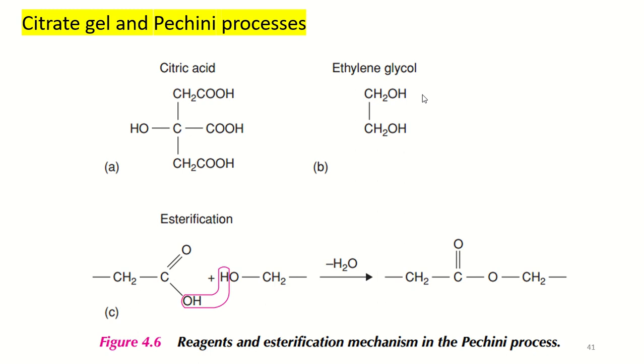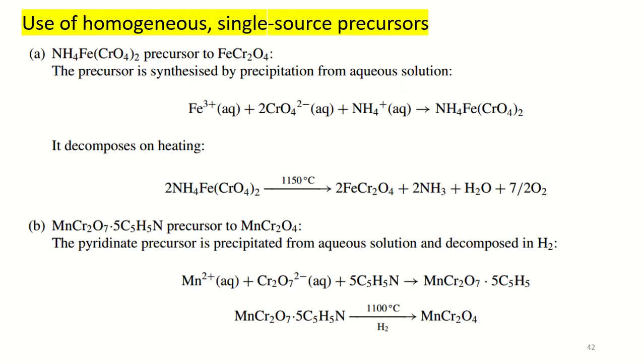The next process is the use of homogeneous single-source precursors. A solid state analog of the sol-gel method is to prepare a crystalline but homogeneous single-phase precursor material that contains all the required cations in the correct ratio.